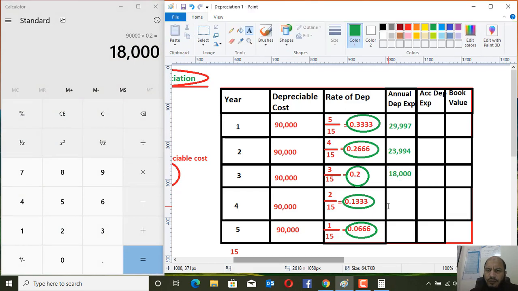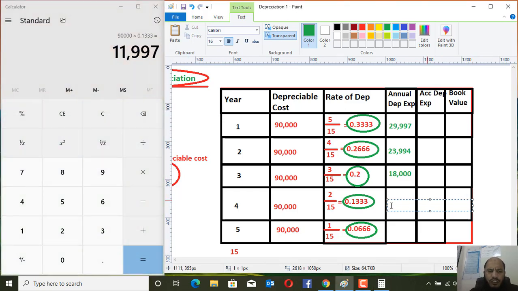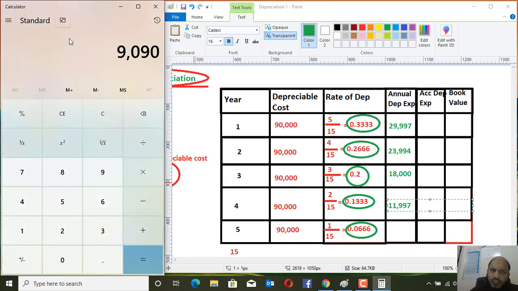Then 90,000 multiplied by 0.1333 is 11,997.